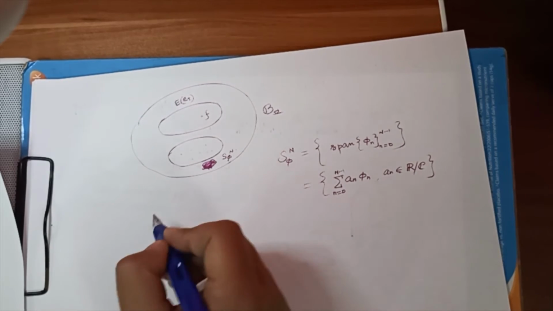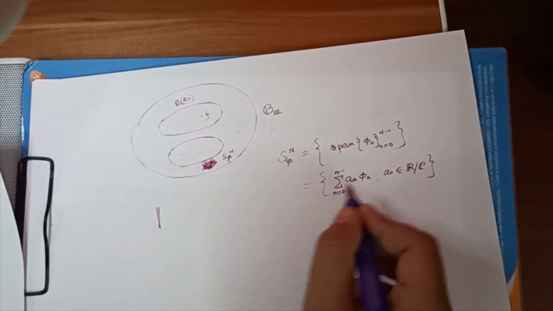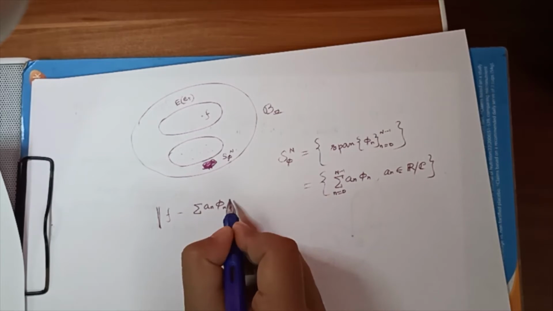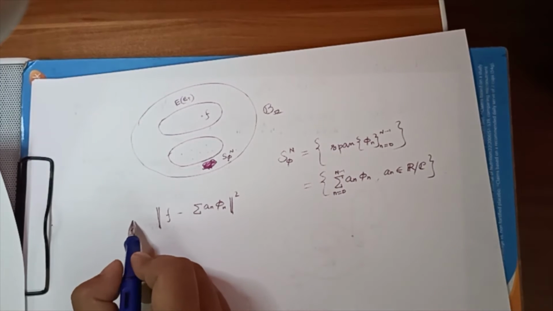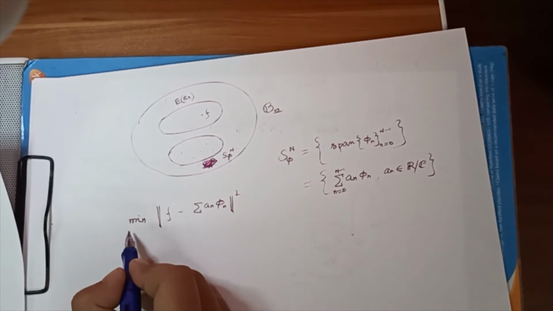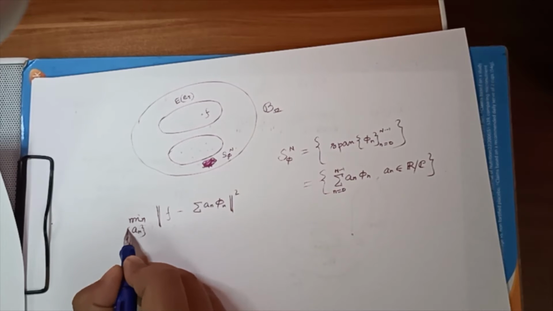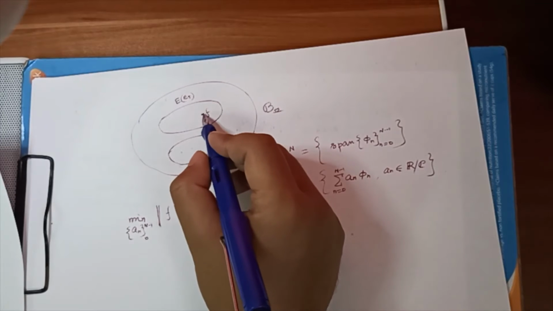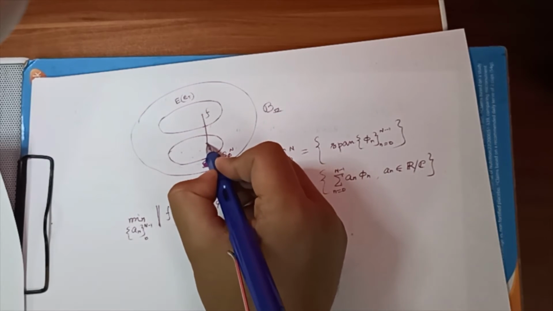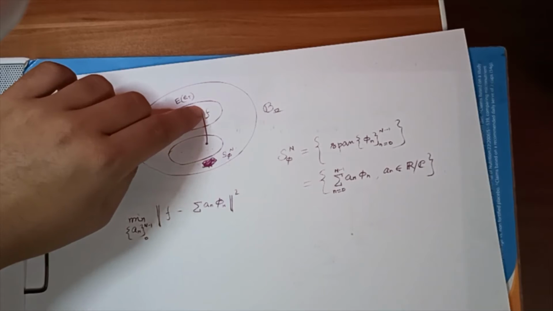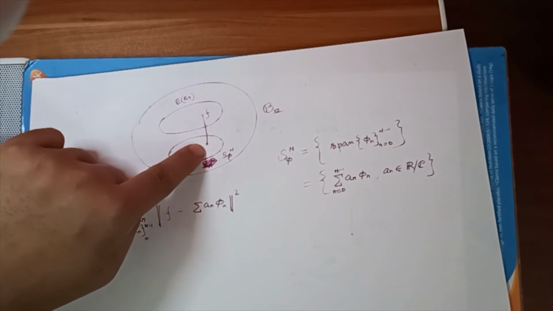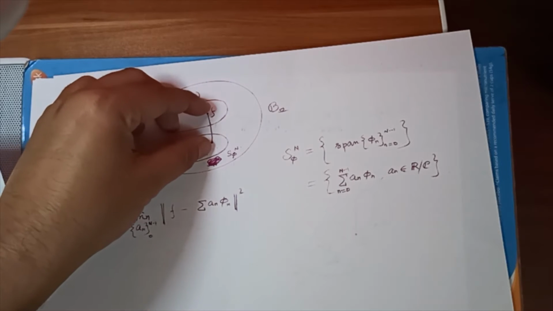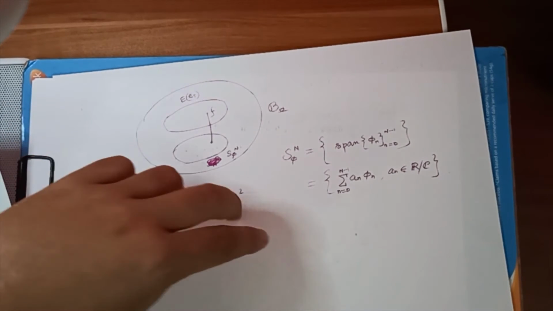If I want to minimize the distance between f and this linear combination, we know that if I minimize over all a_n, n between 0 and N minus 1, this will be minimum if I compute the orthogonal distance. If I orthogonally project f onto this finite dimensional space, then whatever distance is left will be the minimum distance. So initially find out the minimum distance.